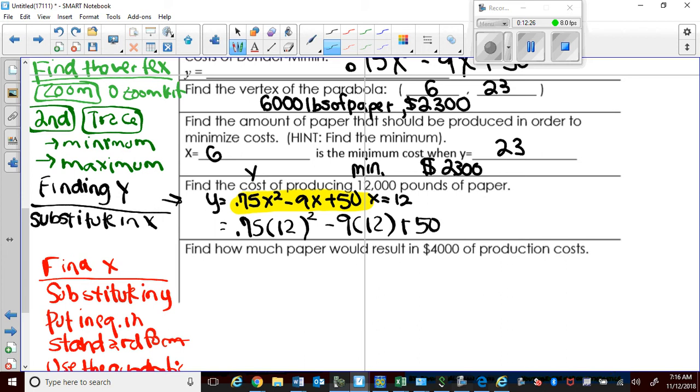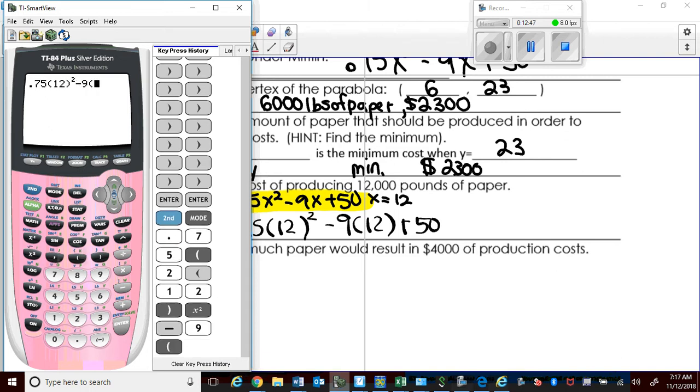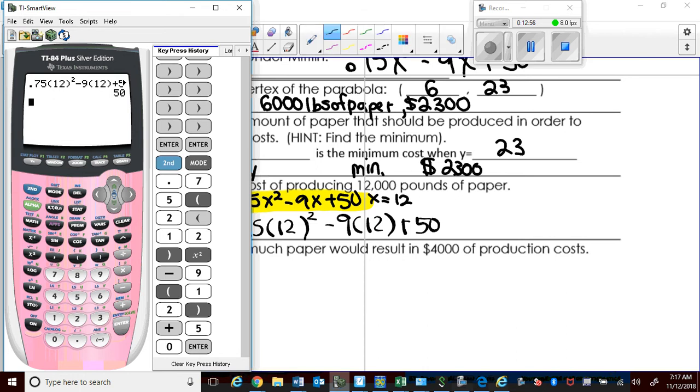I'm going to put that exactly as I have it written into my calculator. So I go to second mode to go to the home screen, press 0.75 parentheses 12 close parentheses squared minus 9 times 12 plus 50. Press enter and I get 50.